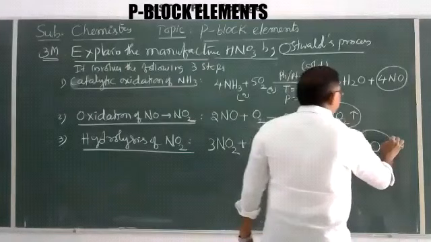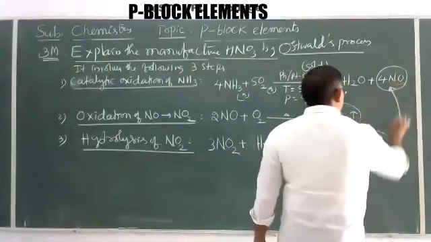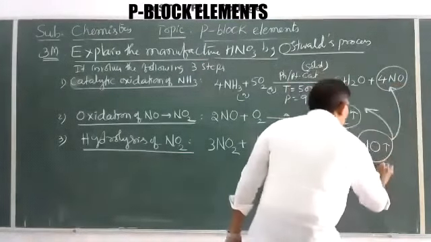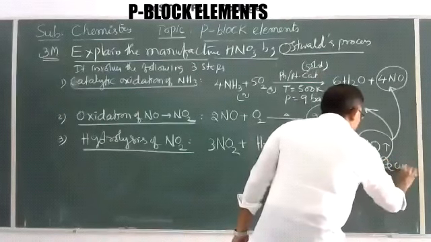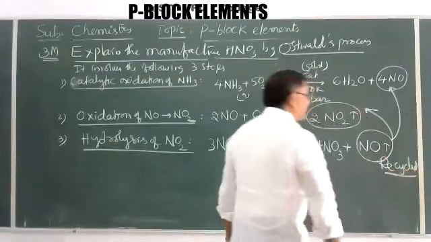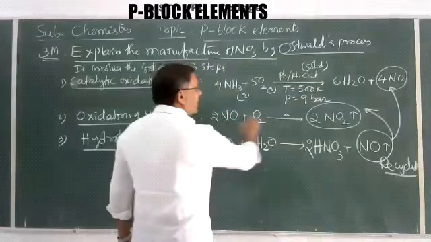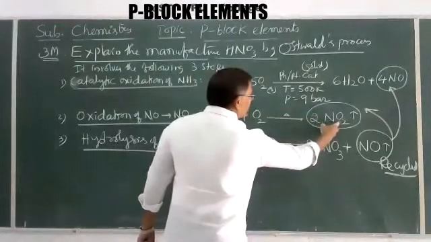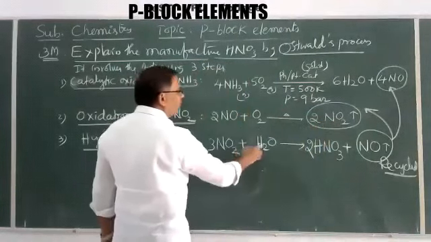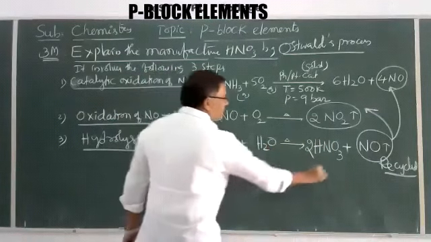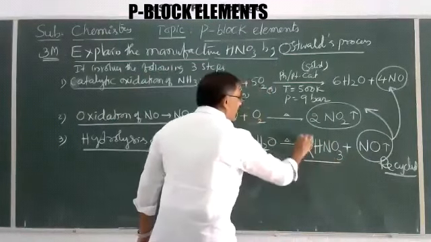The obtained gas is recycled again. The recycled excess NO, nitric oxide, again oxidizes to nitrogen dioxide. The obtained nitrogen dioxide again reacts with water, hydrolysis takes place, and we get nitric acid.